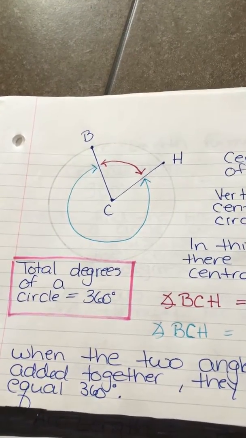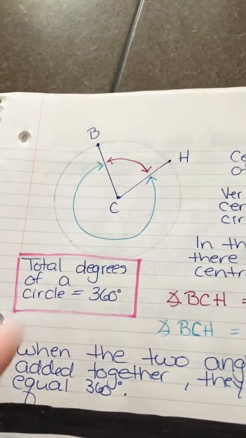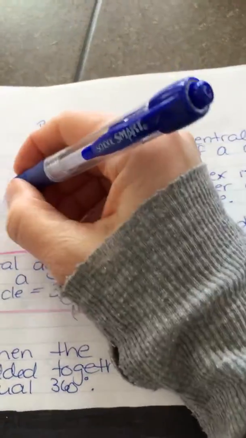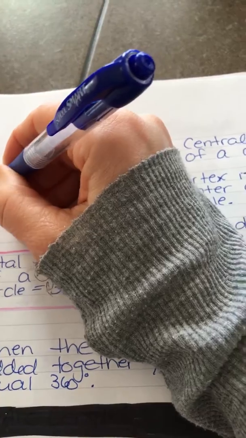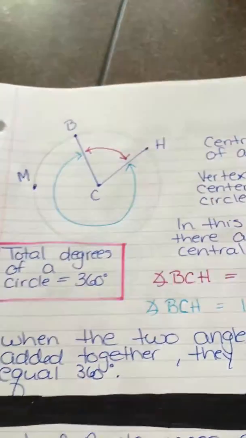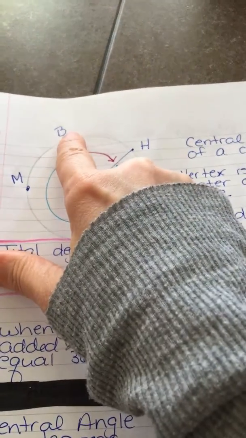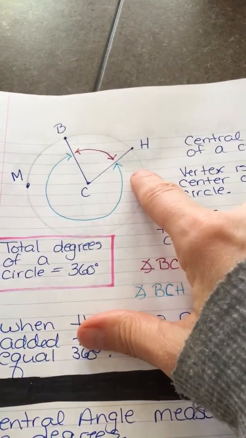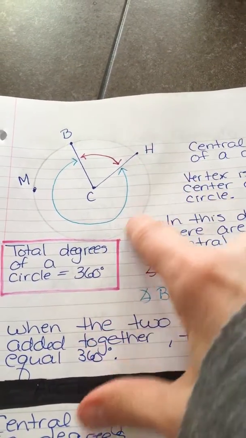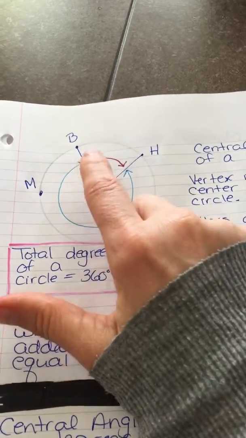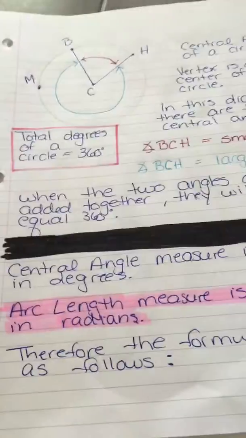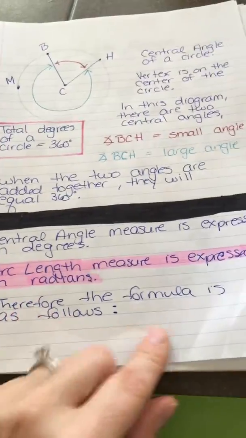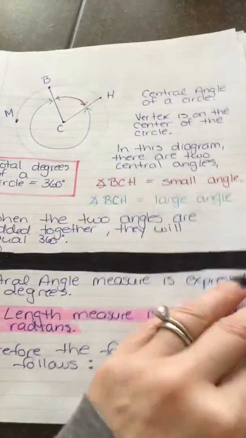Normally we express major arcs with 3 letters, but I don't have another point on here, so I can add one right now. And we'll call it M. So then it would be major arc BMH or major arc HMB. But minor arcs are always with 2 letters. Okay? So now we're going to talk about the formula for arc length, which is as follows.